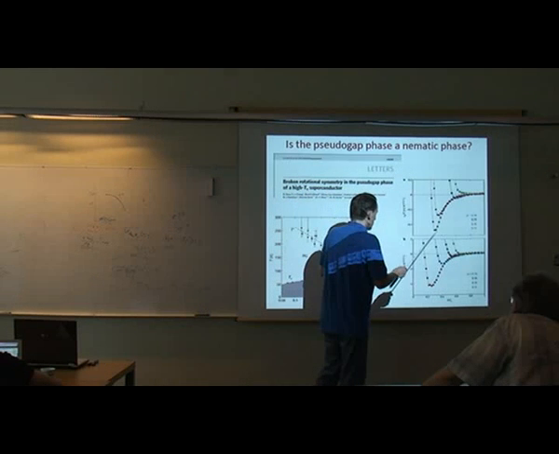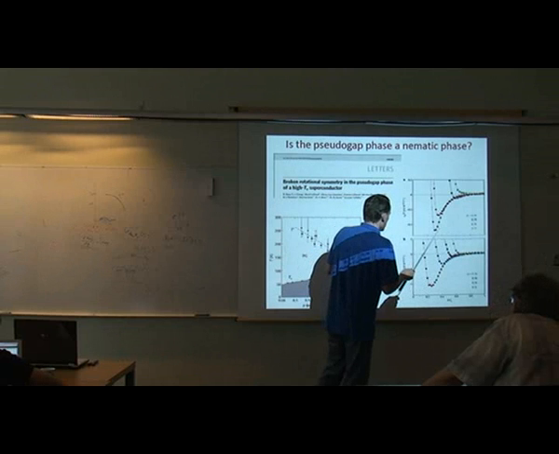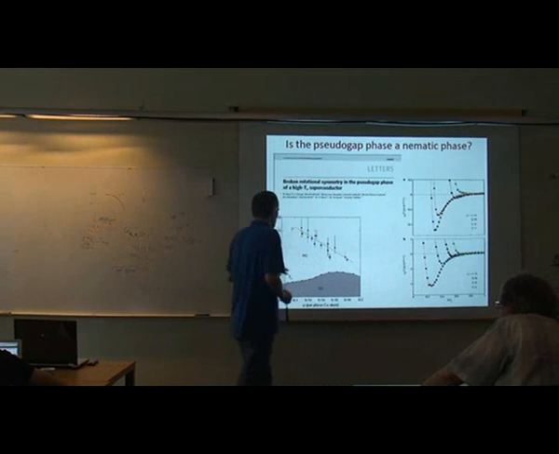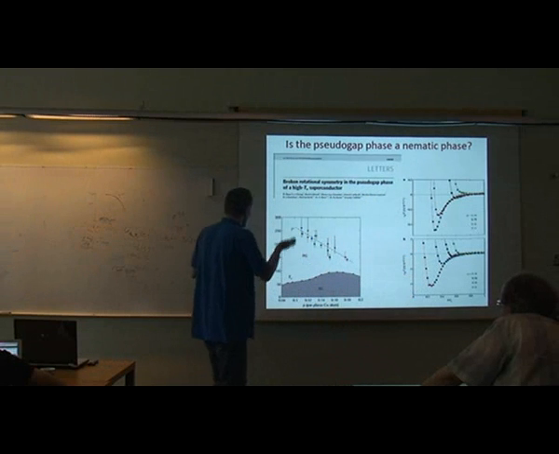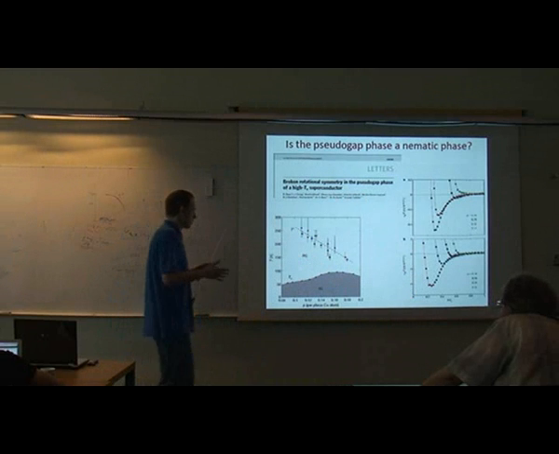And doping, where this is most pronounced, is close to 1/8 doping, essentially. And close to 1/8 doping also means strong tendency to incommensurate spin fluctuations.